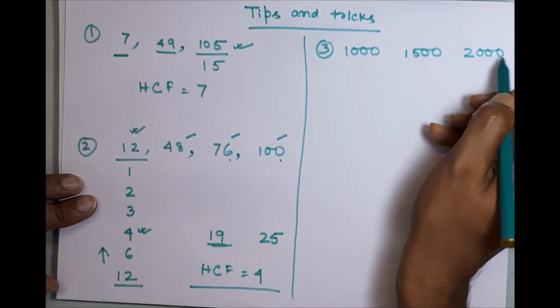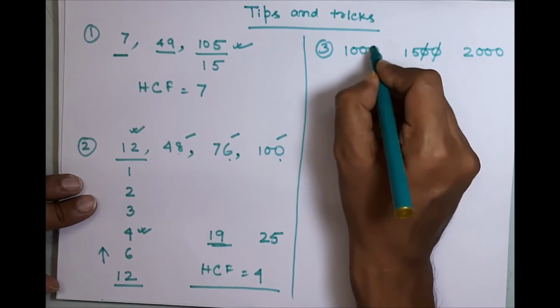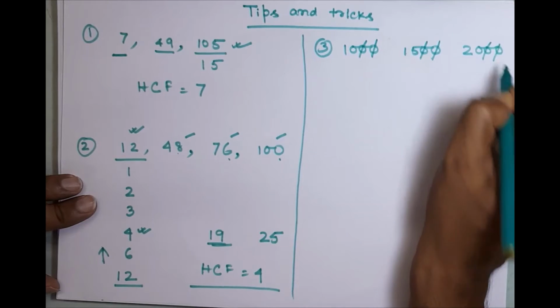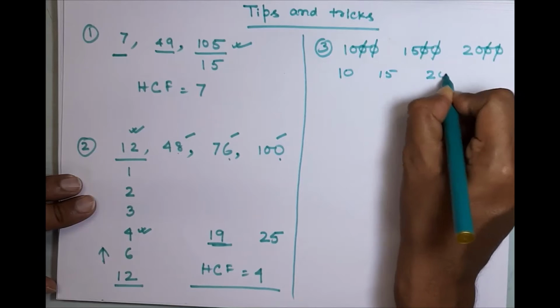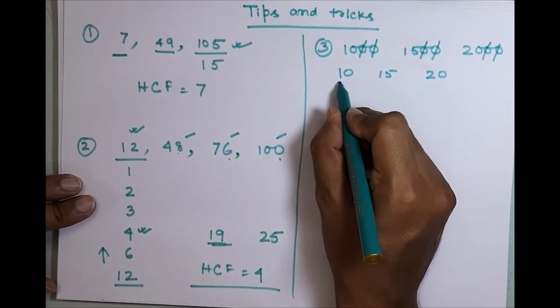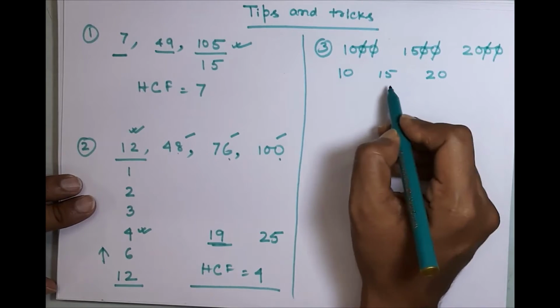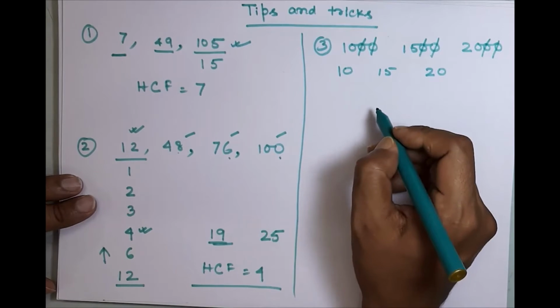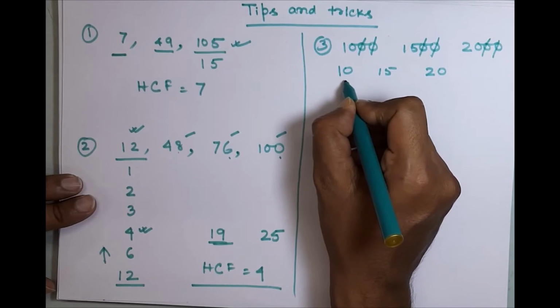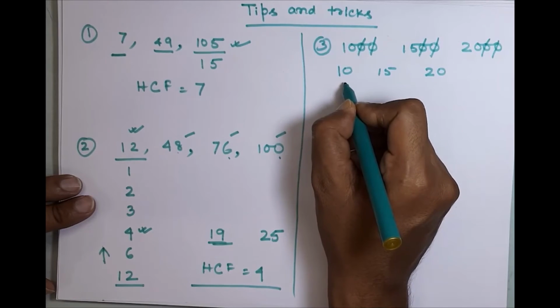Here you have 2 zeros everywhere. We'll strike out 2 zeros everywhere, and now we are left with 10, 15 and 20. We'll again pick the smallest number, 10, and try to divide the rest of the numbers. 15 is not divisible by 10. What is the next step? We'll find the prime factors of 10.